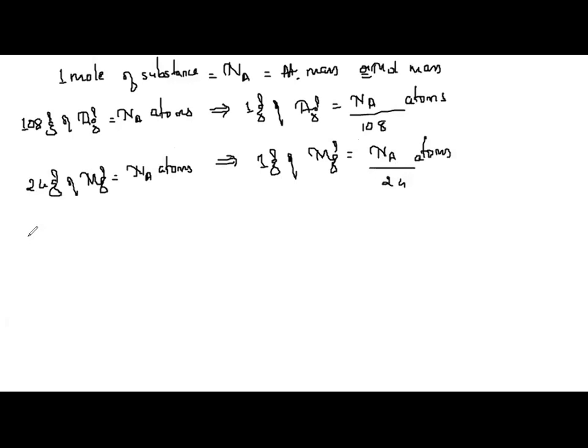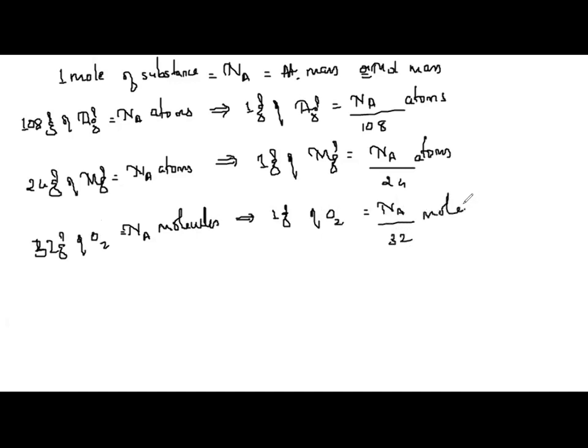Let us see. Next, 1 gram of O2. O2 they have said. So 32 grams of O2 will contain Avogadro number of molecules of O2. So here I will say molecules. Therefore, 1 gram of O2 will have how many molecules? Na divided by 32 molecules.